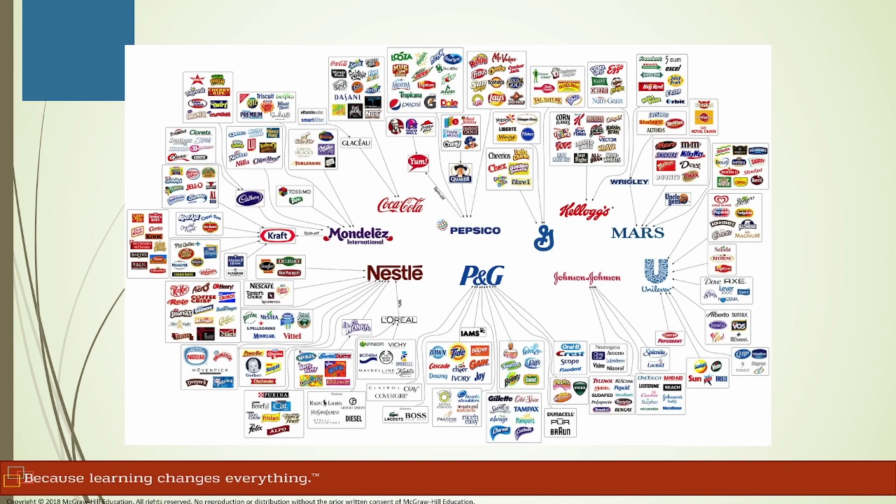This graph shows the multiple product lines under famous brands such as Coca-Cola, PepsiCo, Mars, and Procter & Gamble. Let's look specifically at the product lines under Procter & Gamble. Procter & Gamble has a fabric care product line, which includes sub-brands such as Dawn, Tide, Bounce, and Downy.